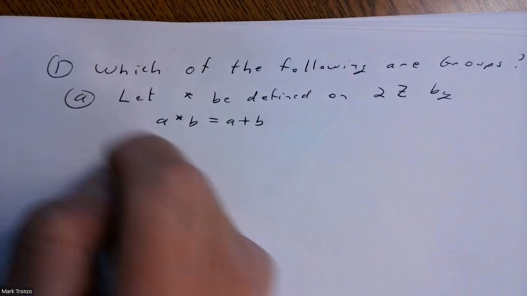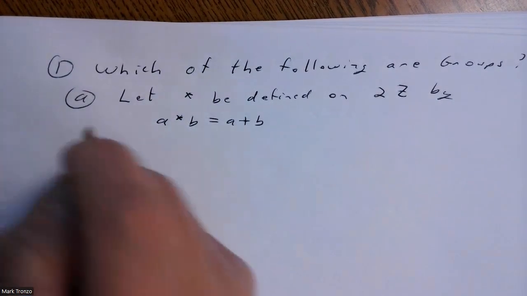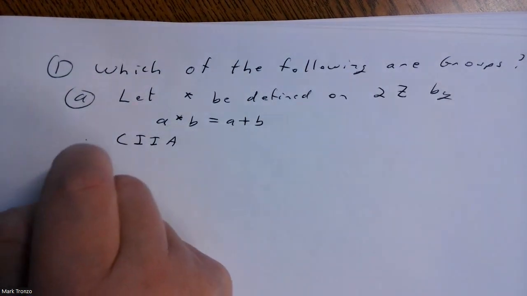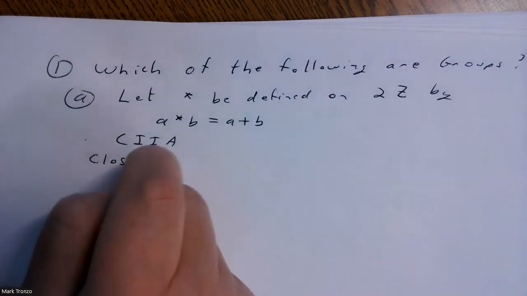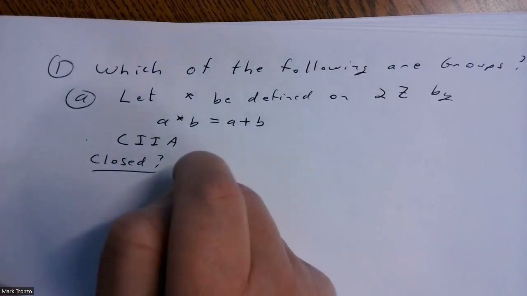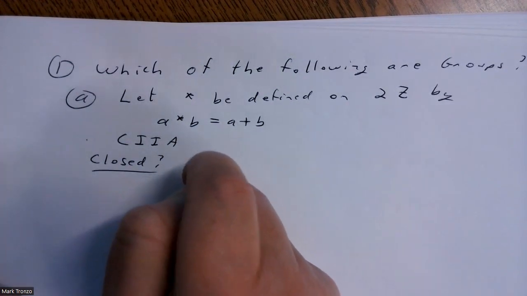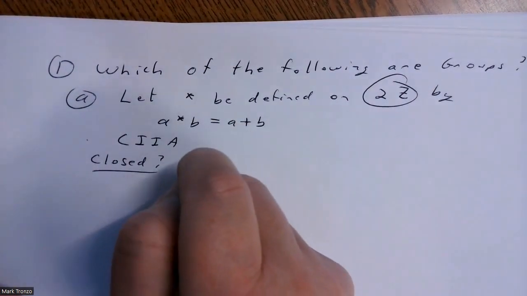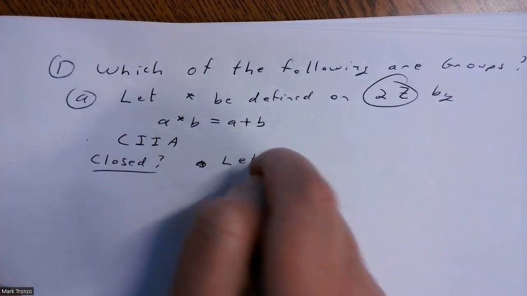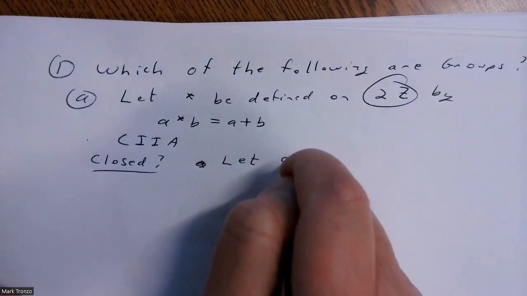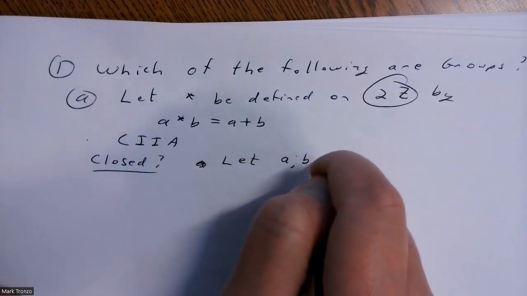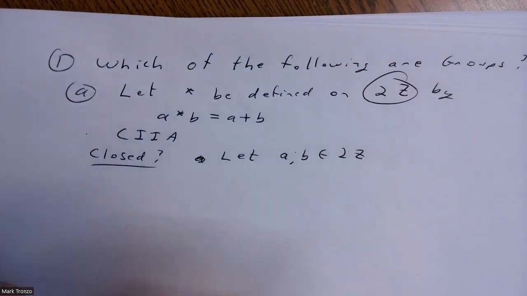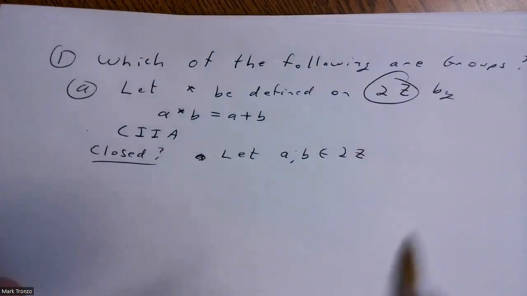And so the question is, I remember we have to do the CIIA. You don't have to remember it that way, but that's why I usually remember it. The question is, is it closed? So obviously these are even numbers. There are a lot of ways to say this. Let A and B be in 2Z.